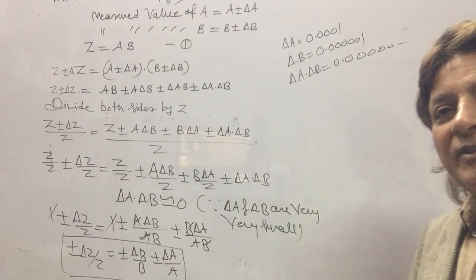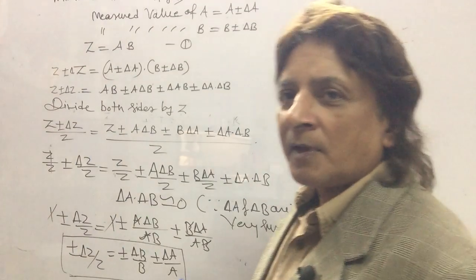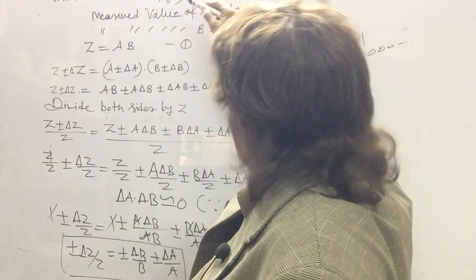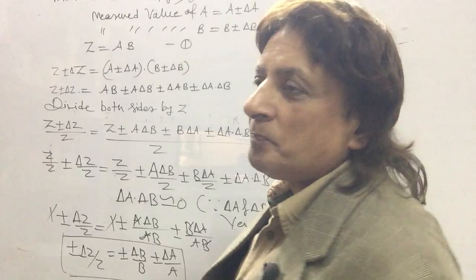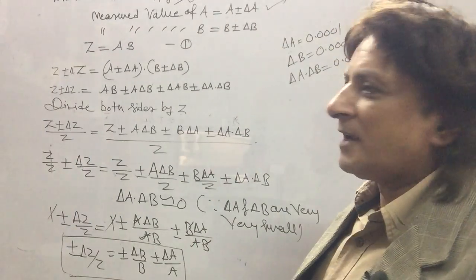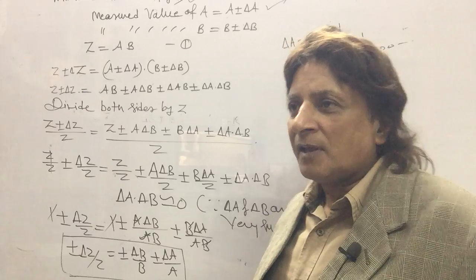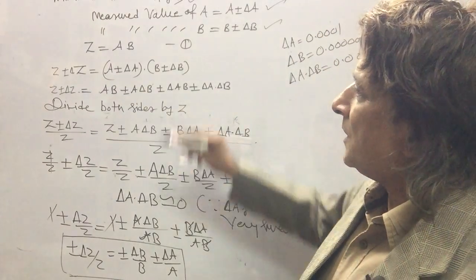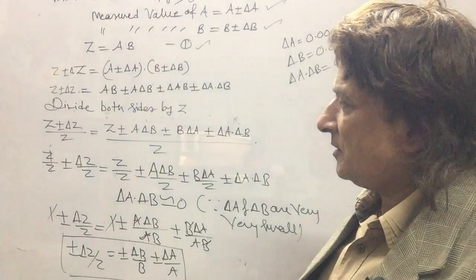I repeat once again, errors in product किसका? A and B. Measured value of A is A plus delta A. We have done yesterday. Measured value of B is B plus delta B. Let Z is equal to AB.